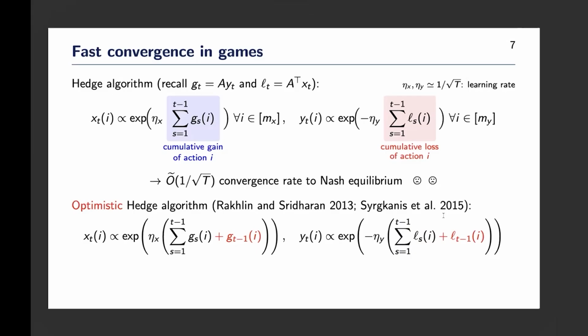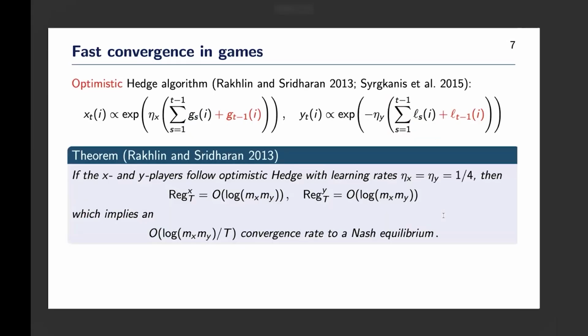What this does is to exploit the most recent observation twice to compute the strategy. So for example, the X player uses the most recent observation g_{t-1} to get the strategies. And for the Y player, they use l_{t-1} to compute the strategies.